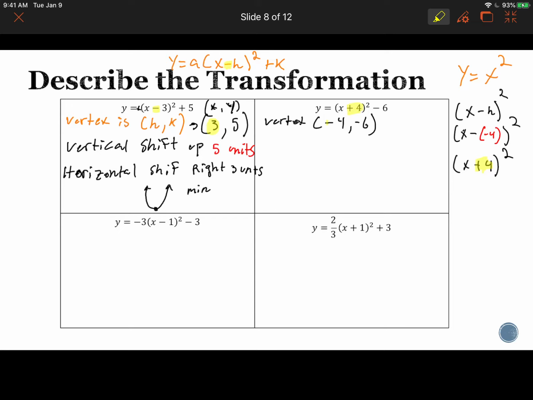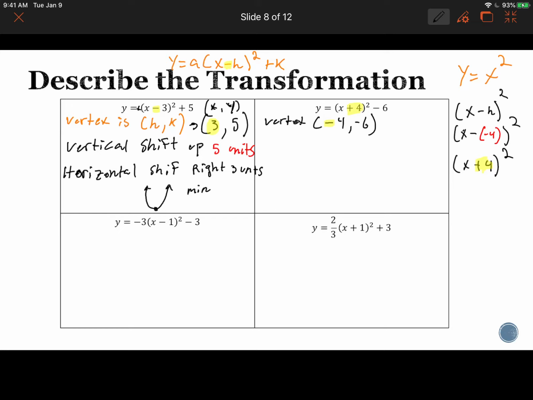So we must make sure we understand that when we see a positive within my parentheses, it is a negative, and when we see a negative, it is a positive. Hence why we translate right for x minus h and translate left for x plus h.